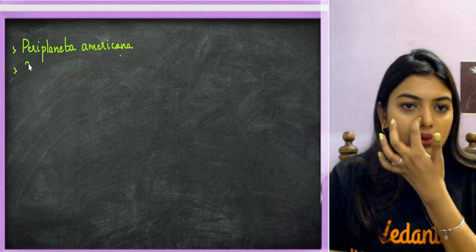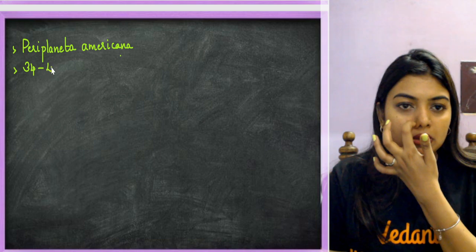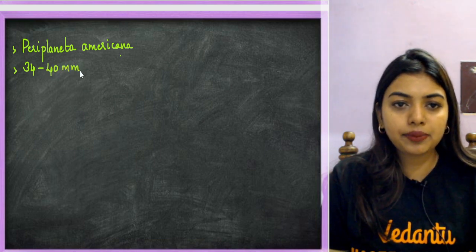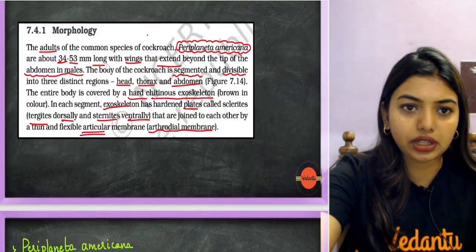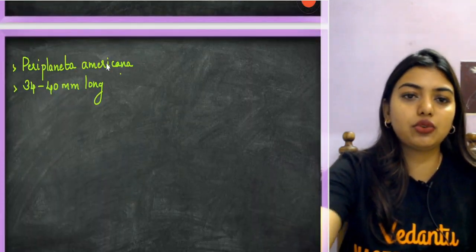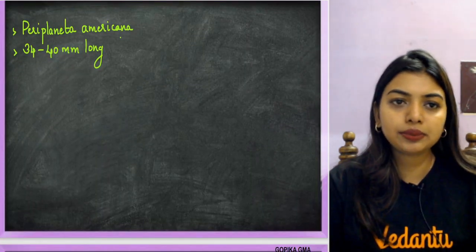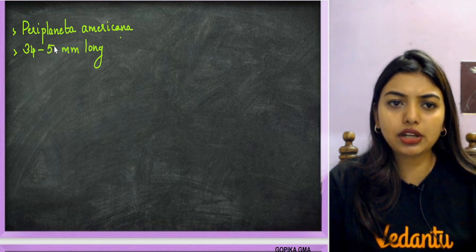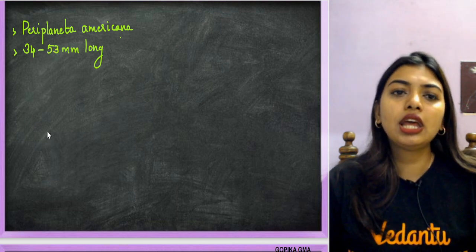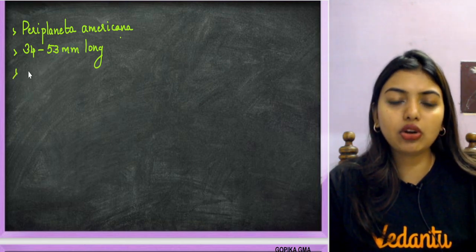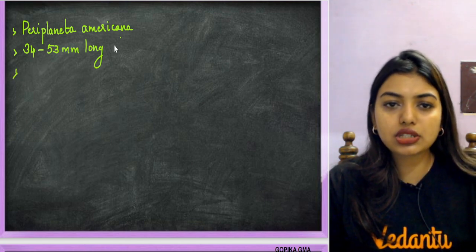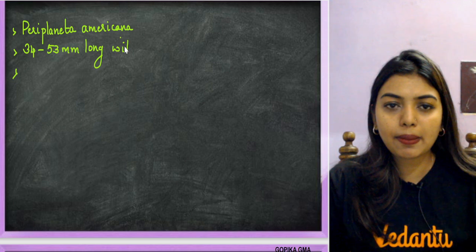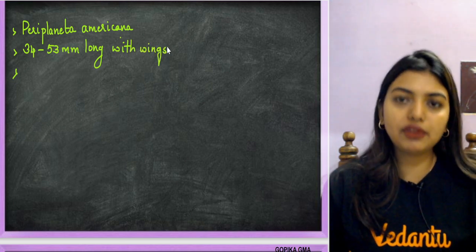It will go up to 34 to 53 mm long. You can just remember 1/4 to 3 inches, no problem in that. 34 to 53 mm long. The next thing that you should know about the cockroaches is they are with wings, with wings that extend till the abdomen in males.